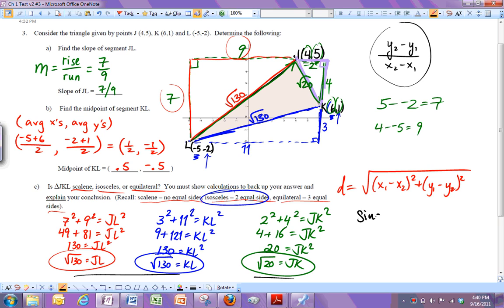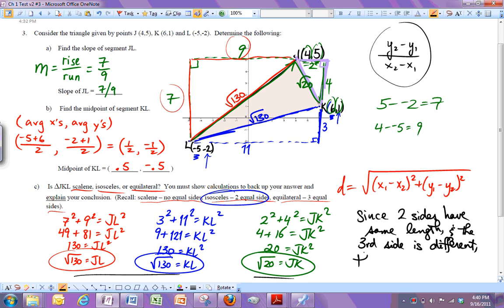So since two sides have the same length and the third side is different, then triangle JKL is isosceles.